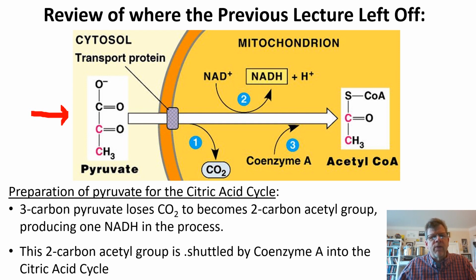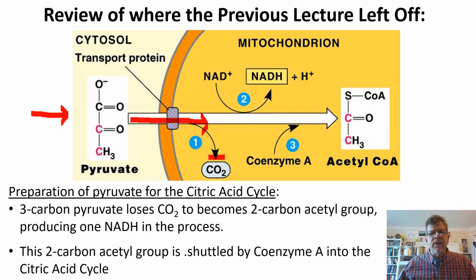So this pyruvate over here on the left has to diffuse actively through the outer membrane of the mitochondrion and inside. So remember now, pyruvate has 3 carbons within it.